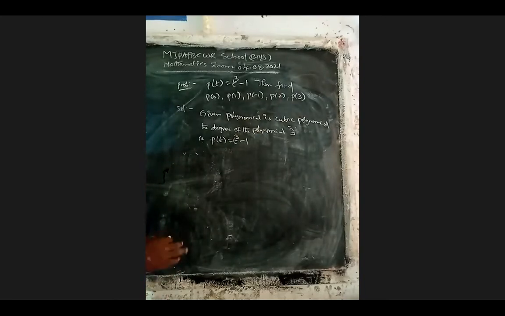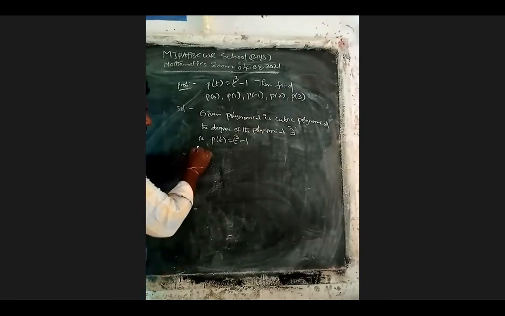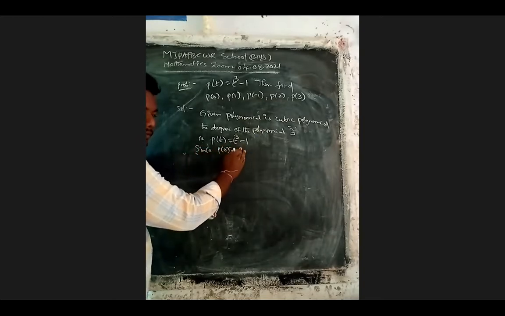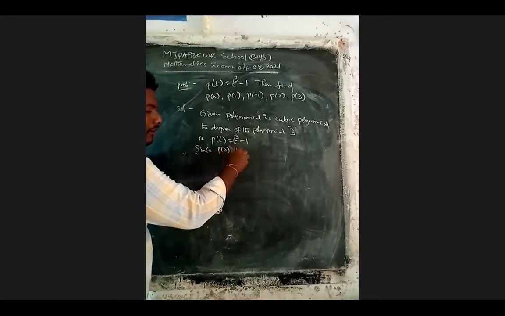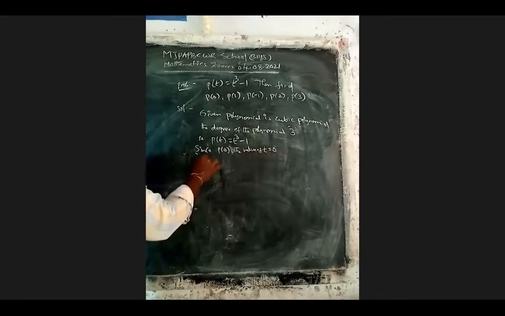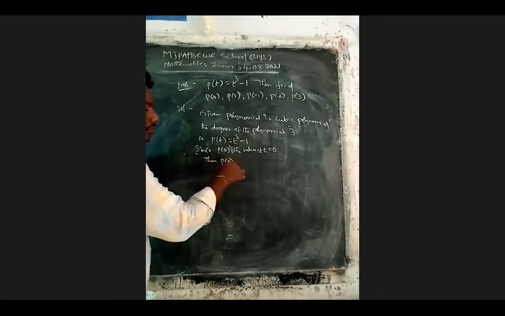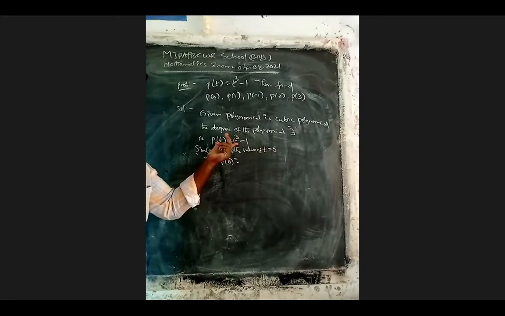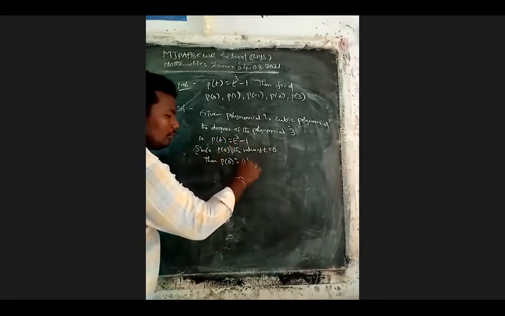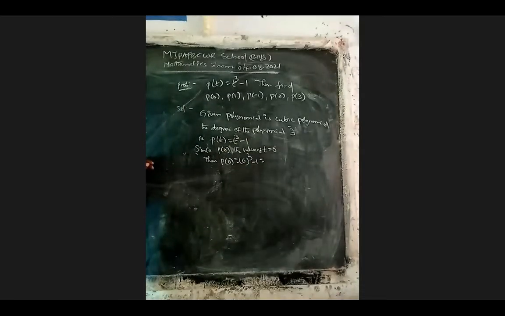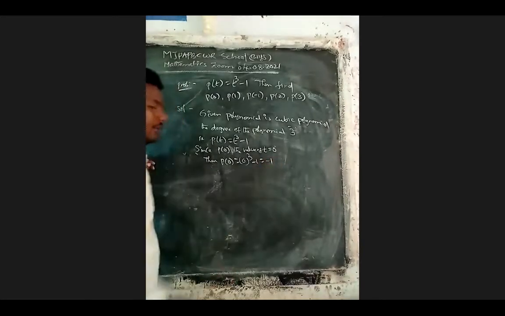P of 0 is the value at t equals 0. Substituting t equals 0 in P of t equals t cube minus 1, we get 0 cube minus 1, which is minus 1.